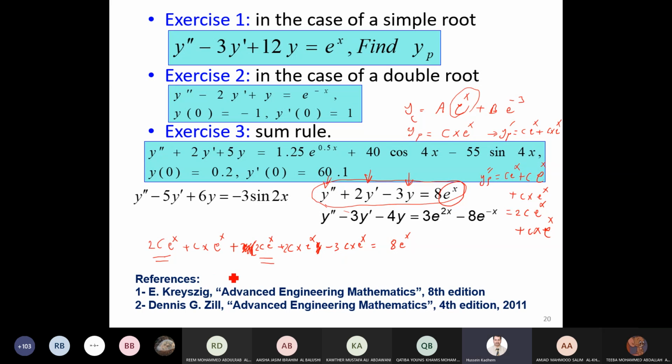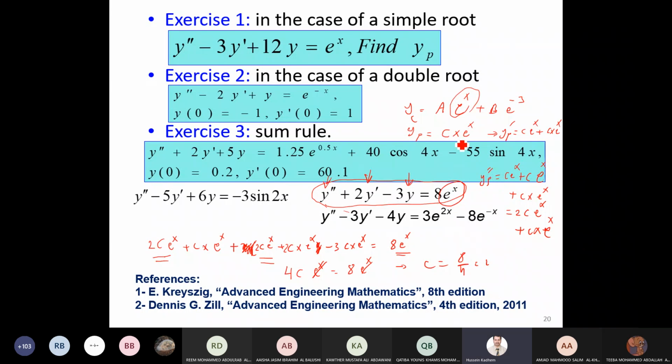So I will say 2c exponential x plus 2c exponential x. This is 4c exponential x. So I will write 4c exponential x equal 8 exponential x, because these are exponential x and these are exponential x. Cancel these. What is left? 4c equal 8. So from here I will say c equal 8 over 4, which is equal to 2.